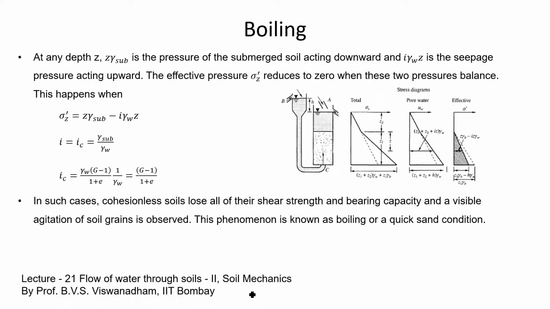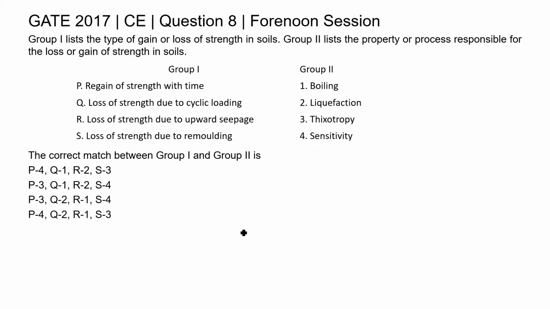Now let's move to the question again. In group 1, the first option is given as regain of strength with time. Just now we have studied this property, due to thixotropy. So the correct option for P is 3, thixotropy. Now the second option is loss of strength due to cyclic loading.